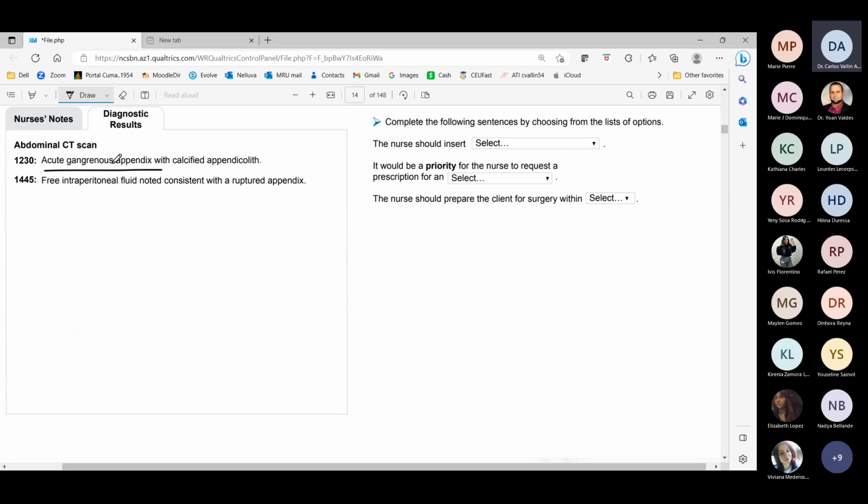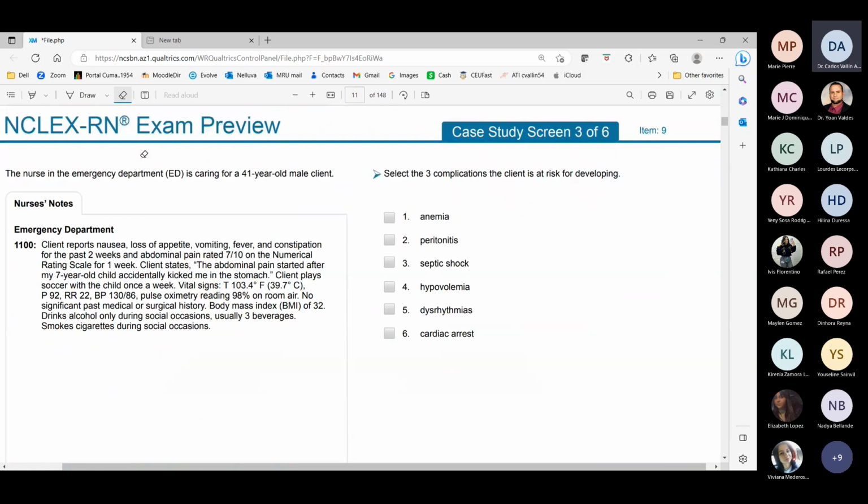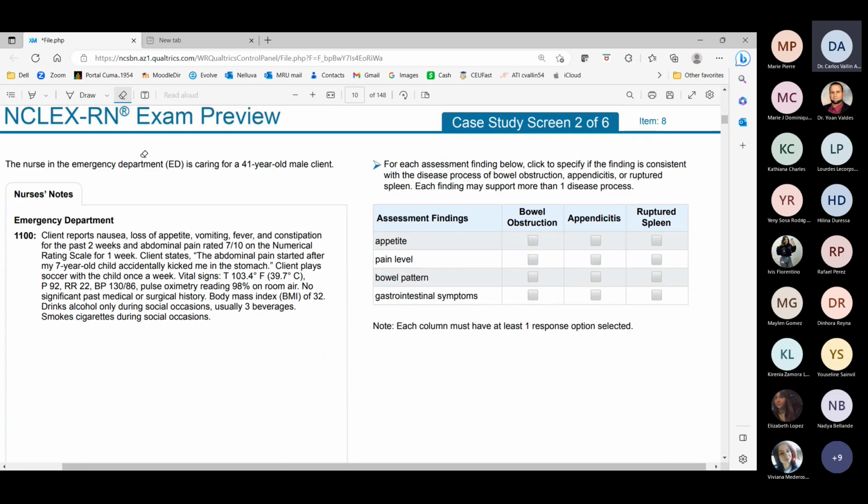You can know that before reaching that because you can open this in the test. But they are asking about differential diagnosis. Appetite: the patient has loss of appetite. If you have a bowel obstruction, is it expected?